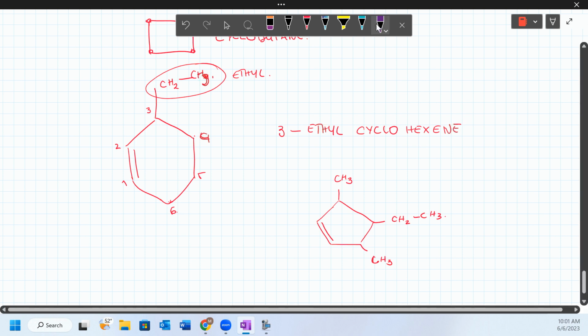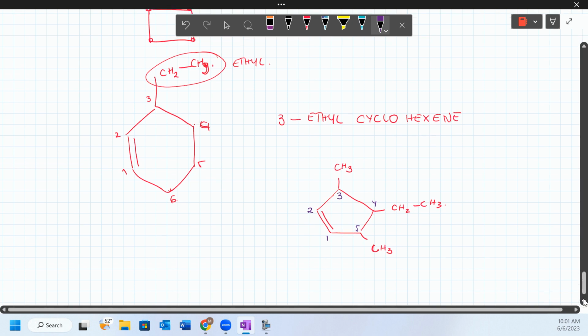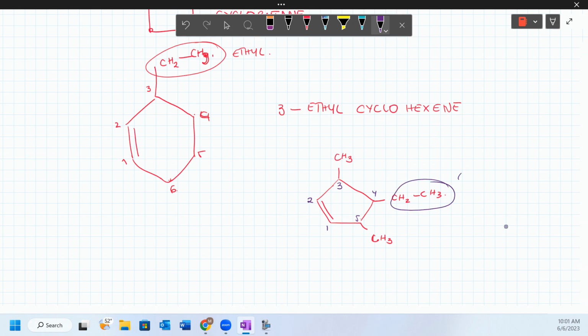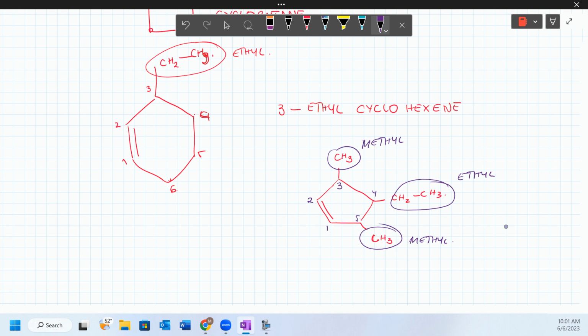Then numbering of the carbons, since we are dealing with a cycle, always will start where the double bond is. So 1, 2, 3, 4, 5, and then this is ethyl, this is methyl, so we have dimethyl.